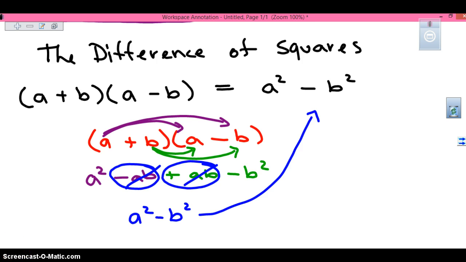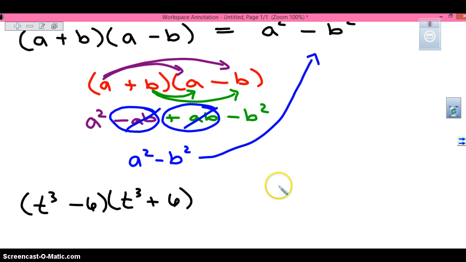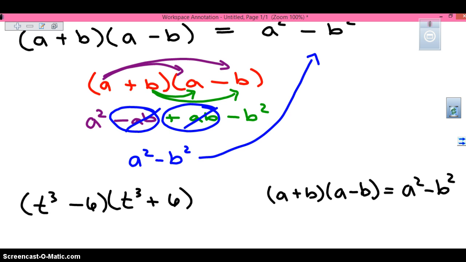If we try an example, we could say we need to find (t cubed minus 6) times (t cubed plus 6). If we're using the formula for the difference of squares, (a plus b) times (a minus b) equals a squared minus b squared.